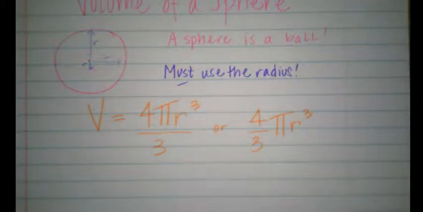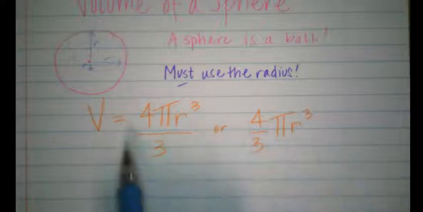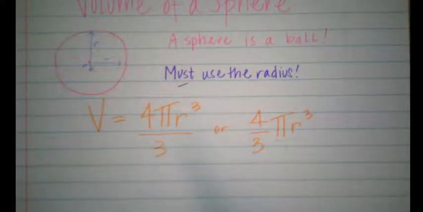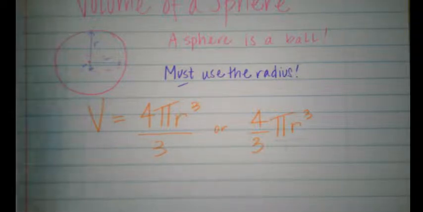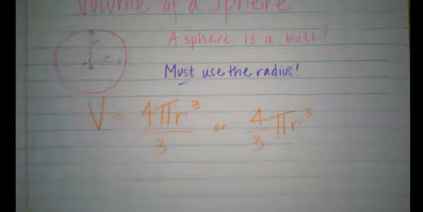And that actually is the same thing, because if we were just to put this over 1, then we would get 4 pi r cubed over 3. So the only measurement that we need in this formula is the radius. So just like we were doing the other day with the cylinders and cones, we're going to use 3.14 for pi, and then we are going to be using calculators. And then again, the units are cubed.